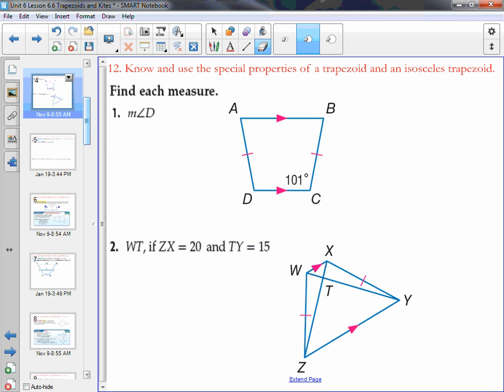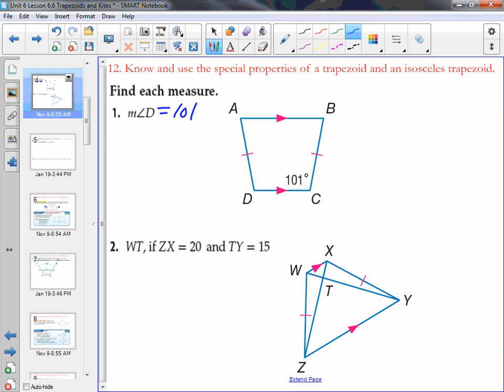But if they indicate some parallel, they're going to indicate all of the parallel, okay? So we've got one pair of parallel sides, so this is a trapezoid. The non-parallel sides are congruent, so this is an isosceles trapezoid. If it's an isosceles trapezoid, what do we know about each pair of base angles? They're congruent. So what's the measure of angle D?